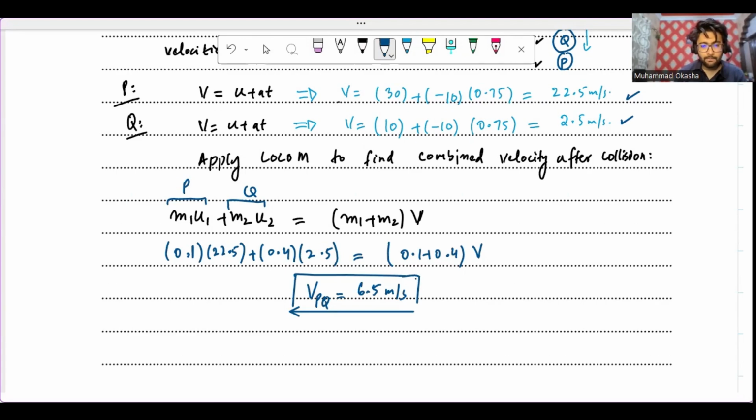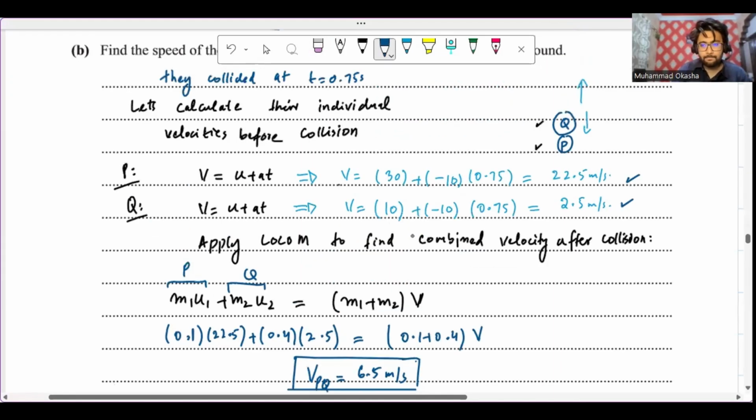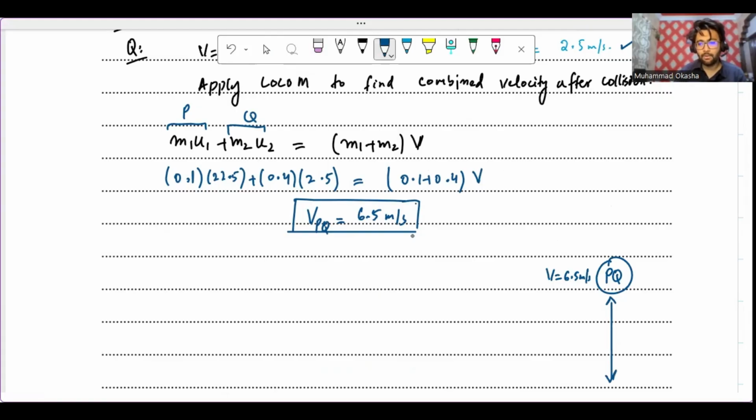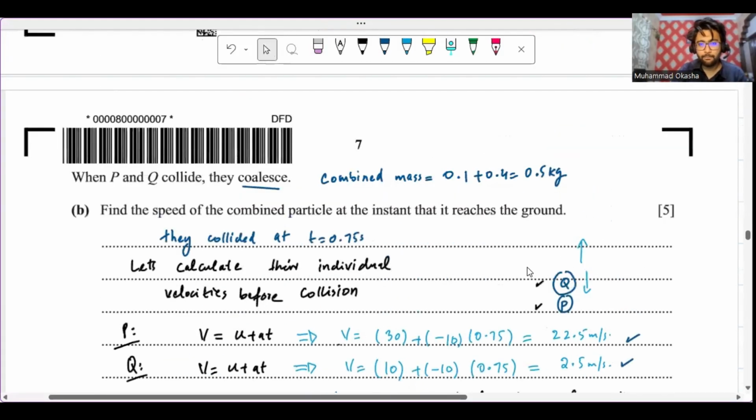Now, the next part of the question says, and we have to be very careful with this. Now we have a bigger mass, which is PQ, which is P and Q combined. It has a velocity of 6.5 meters per second. It is right now at the height of 19.6875 meters above the ground.